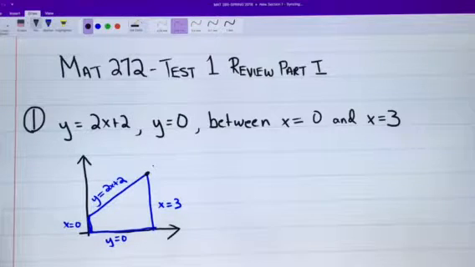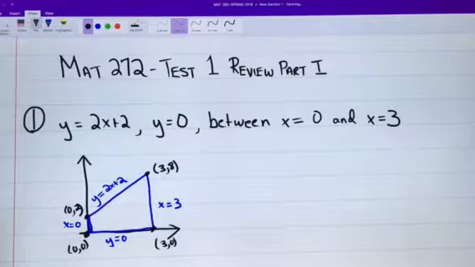For the corner points, we have (3, 8), (3, 0), the origin, and (0, 2).